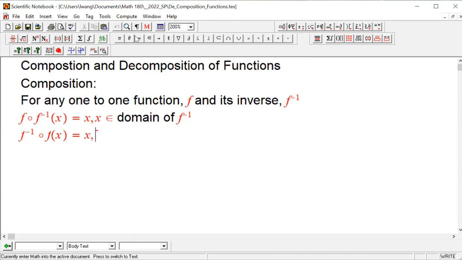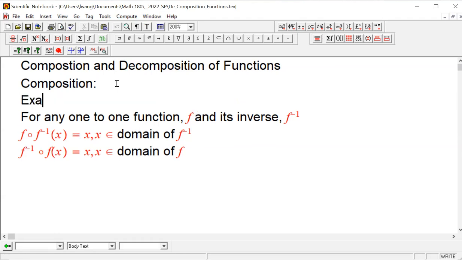And here, this x is going to be in the domain of f. So these are examples of composition.